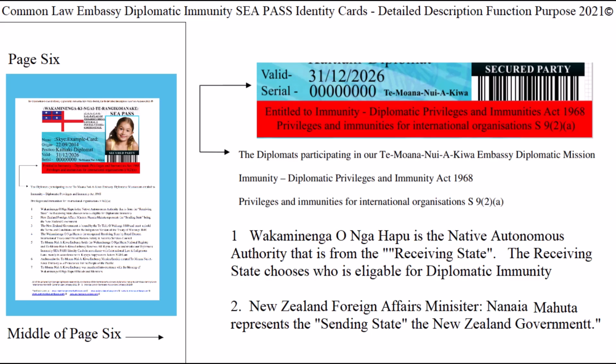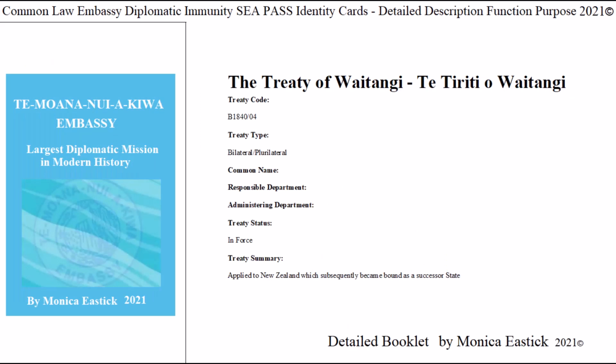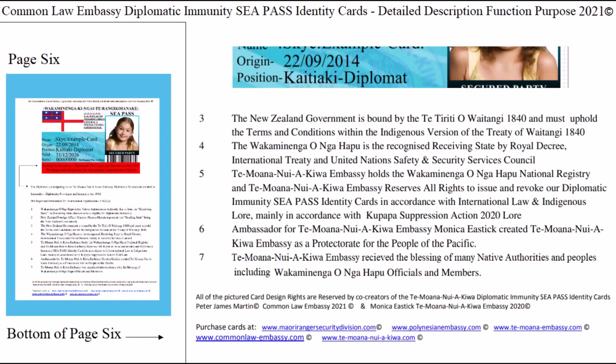Oh, the New Zealand government is bound by the Te Tiriti o Waitangi 1840, and they must uphold the terms and conditions within the Indigenous version of the Treaty of Waitangi. And within the Indigenous version, in the Te Tiriti o Waitangi, it states that the Wakamingi o Ngā Hapu is the recognised receiving state by royal decree, international treaty, and the United Nations Safety and Security Services, and Te-Moana-Nui-A-Kiwa Embassy.